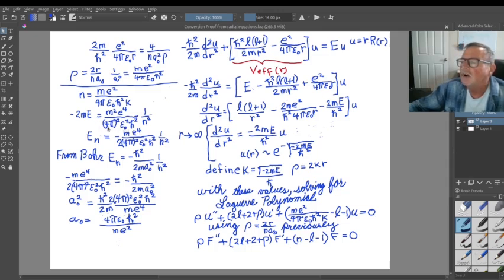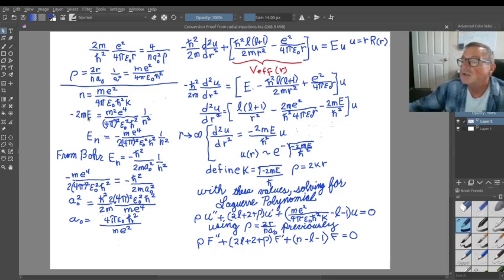So let's stare at that and see if you can buy all that stuff. Notice I've got 4 pi squared, epsilon 0 squared, h bar squared, which was to the fourth, but we had another h bar squared up here, so that canceled that. I mean, it didn't cancel it out, but it brought this down to h bar squared rather than h bar to the fourth. And the m squared e to the fourth, that's not too surprising.